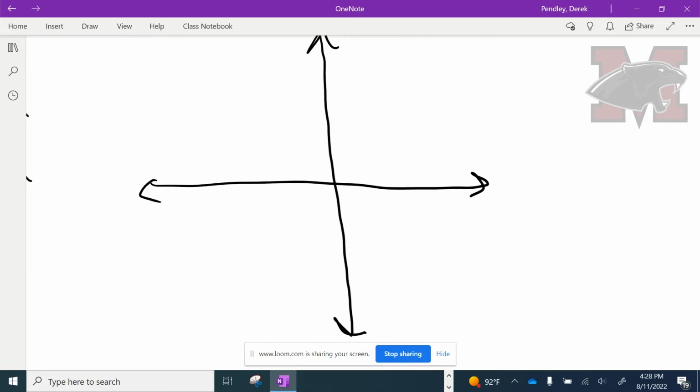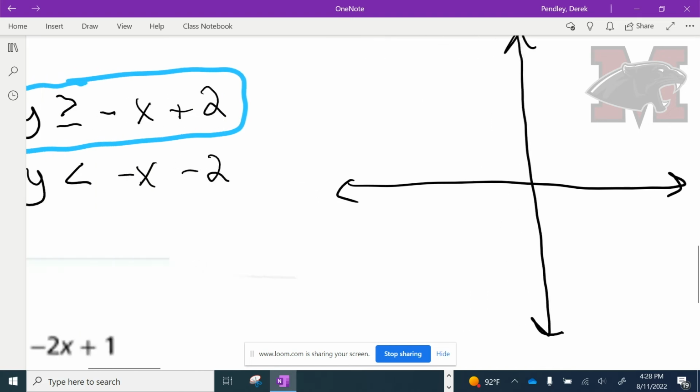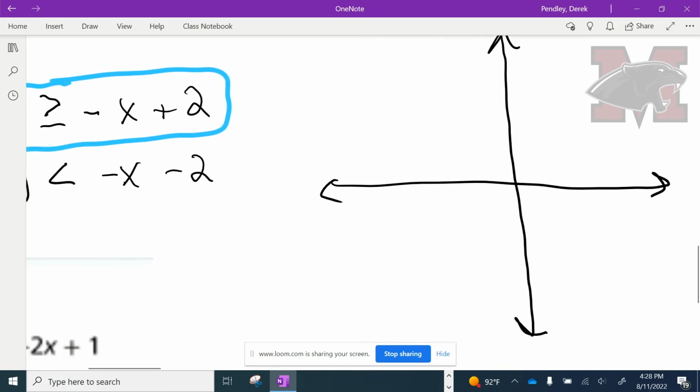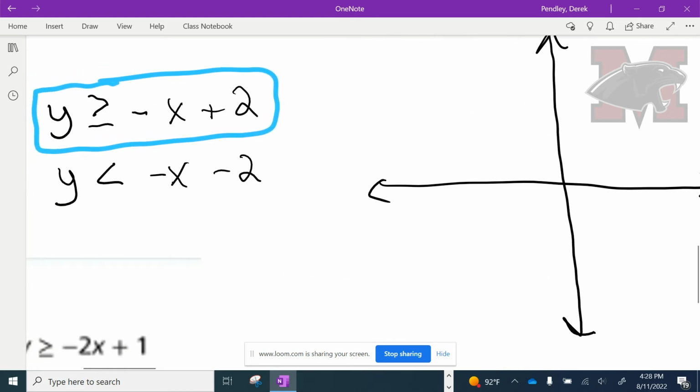All right, so now that you had some time to work on this, what we're going to do is graph both of those inequalities. We're going to do this one in blue, and we'll do the other one in green.